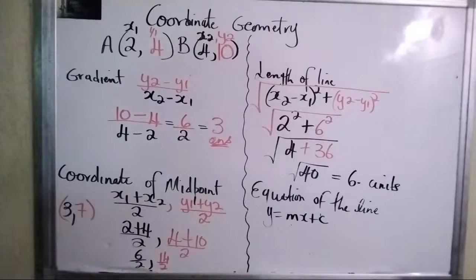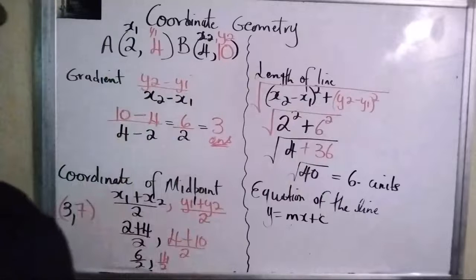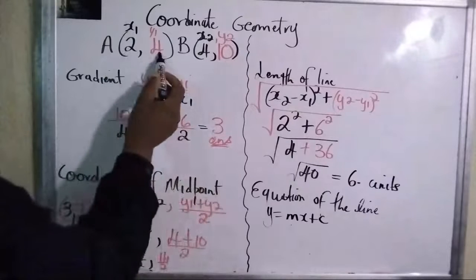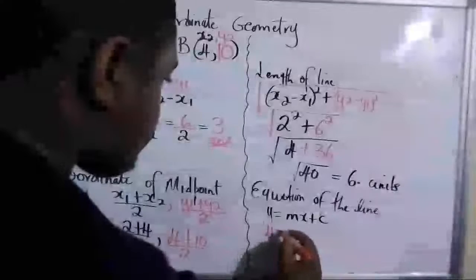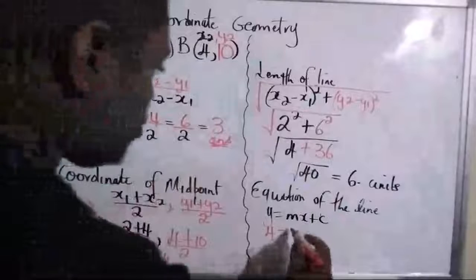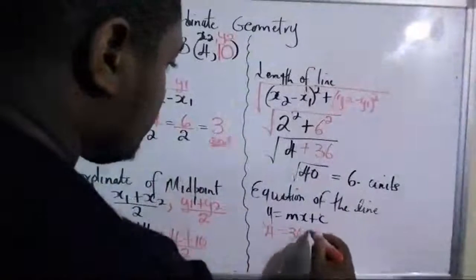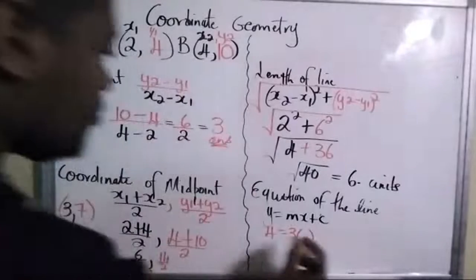We can take any one of the points and substitute. So we're going to use the point 2 and 4, that's point A. So y is 4, so we'll just put 4 here. Gradient is 3, so we can put in the 3. x is 2, so we put 2.